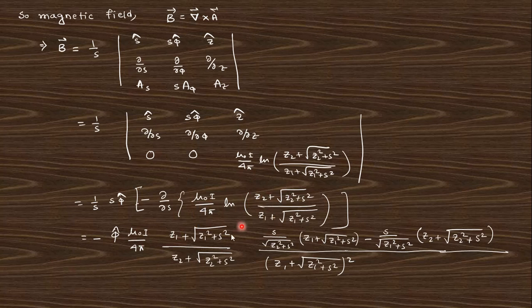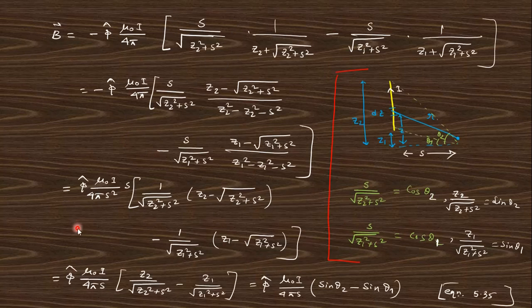For ln of this, the derivative of ln x is 1 by x, so this will be replaced in the opposite way, and then the derivative of this one, whole square of the lower part, and the upper part derivative into the lower part, then minus the upper part into the derivative of the lower part. Then if you cancel the single one and divide, you will get these two equations.